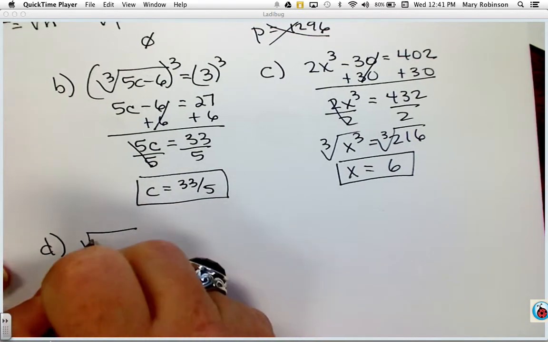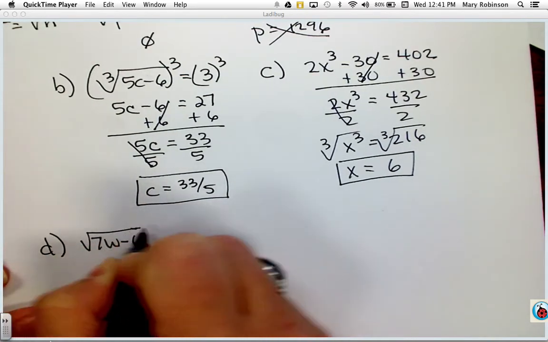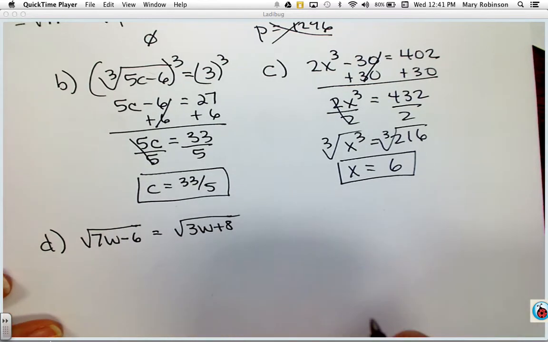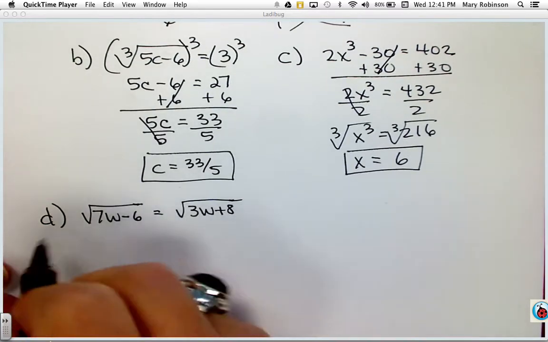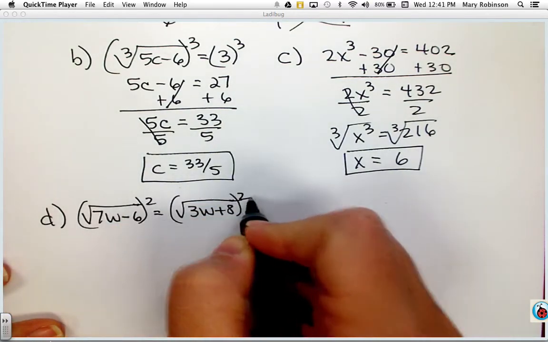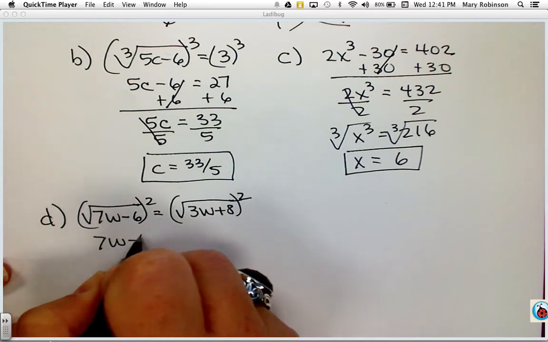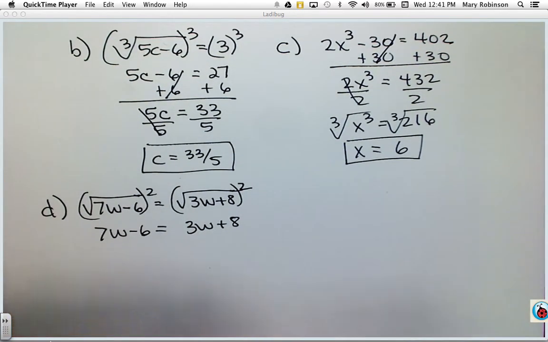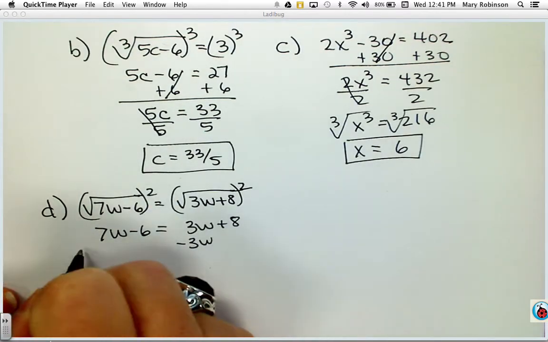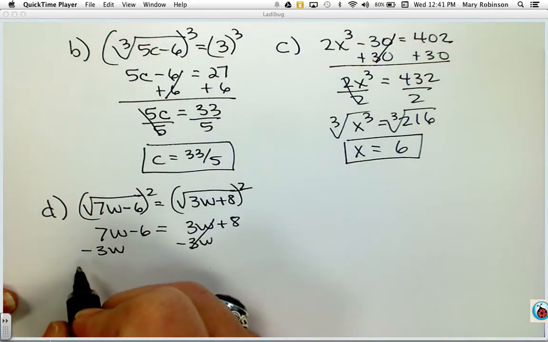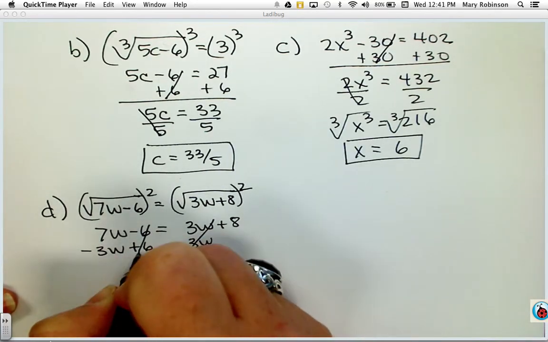With D, we have the square root of 7w minus 6 equal to the square root of 3w plus 8. We don't have any other terms other than our radical terms, so our next rational step would be to square both sides. And then we're back to solving equations with our variable on both sides. We can move our w terms to the same side by subtracting 3w, but if we move our w's to the left, we should bring our integers to the right.